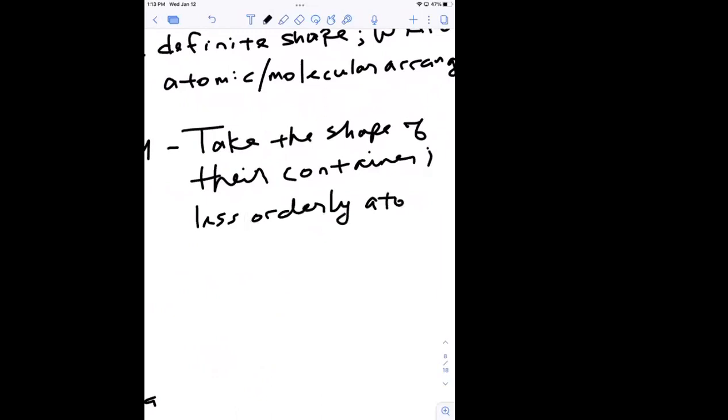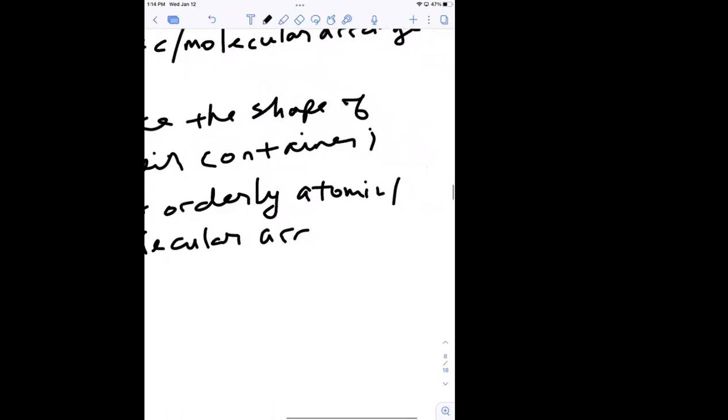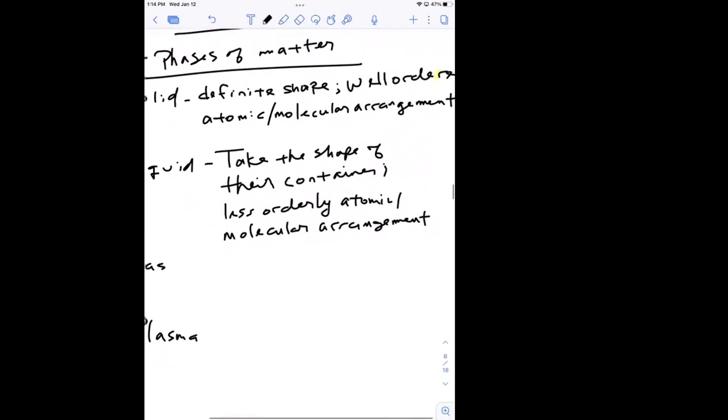So much less ordered atomic or molecular arrangement. That's why liquids have the properties they have, because of the way the molecules are arranged.